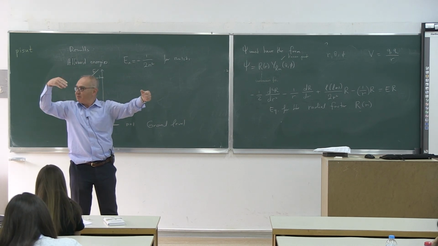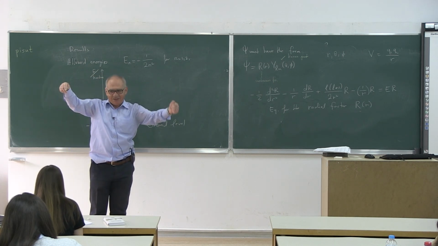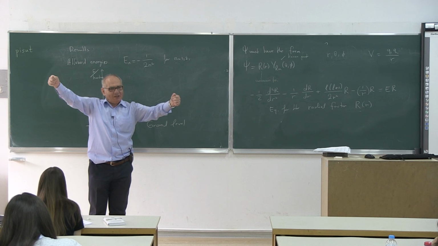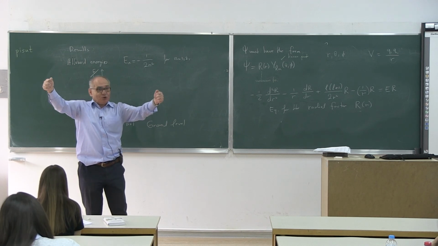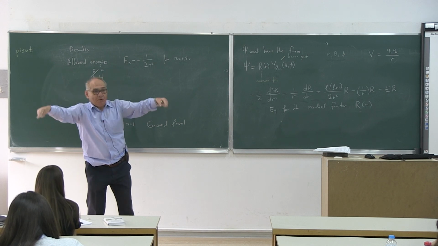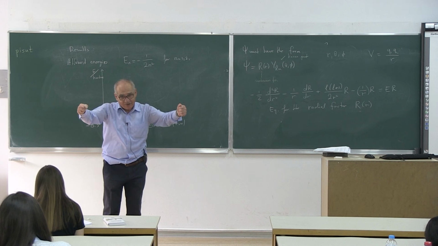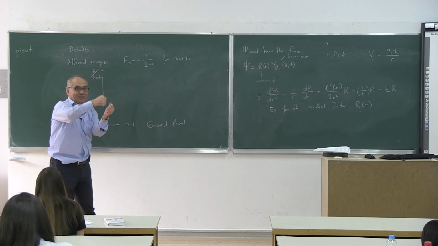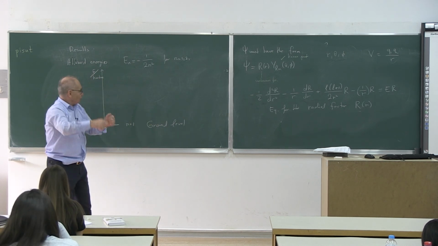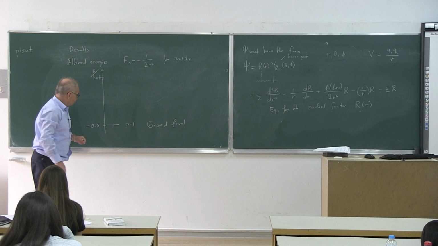The electron is in the cafeteria and the proton stays here, infinitely far away from each other. That situation is 0 for the total energy of electron plus proton. Relative to that case, when the electron is nearby the proton, the lowest energy is minus 0.5 Hartree.